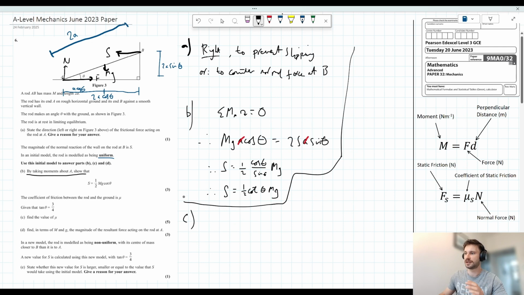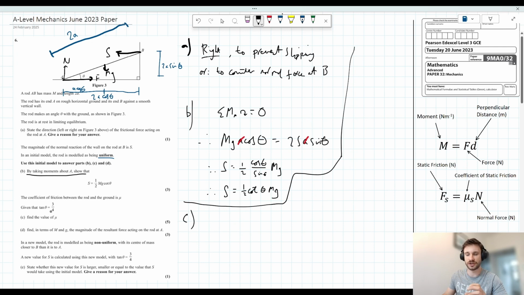Let's state a bunch of relations, including all of our unknowns here. We've got N, we've got F, we've got S, we've got m. We've got 4 unknowns there by the looks of it, and a, but I don't think we need to include a here. So we have S equals a half cot theta mg, but the question notes tan theta is equal to 3/4.